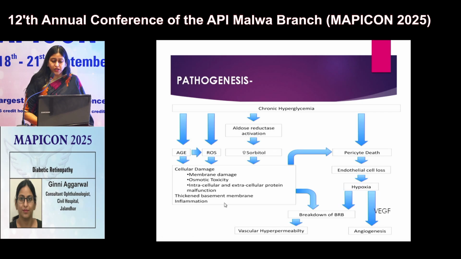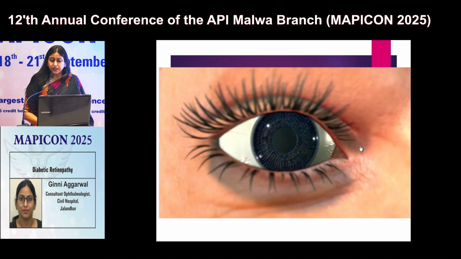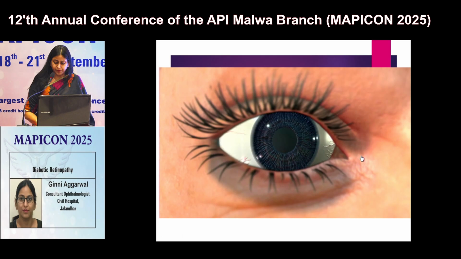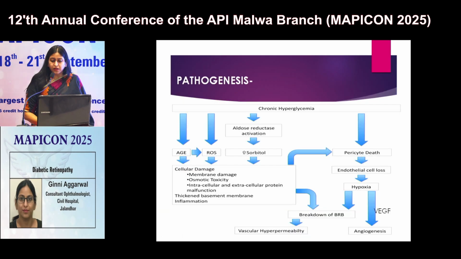There is also thickened basement membrane of the capillaries, and there is pericyte death. Now pericyte death, let's just take a minute here. Pericytes are the cells which sit on the basement membrane of the endothelium. Once these cells are lost, there is outpouching and there is microaneurysm formation. This causes further endothelial cell loss, which results in hypoxia.